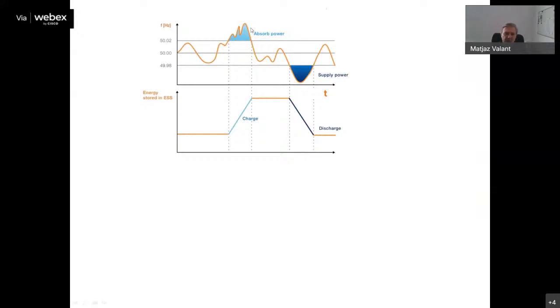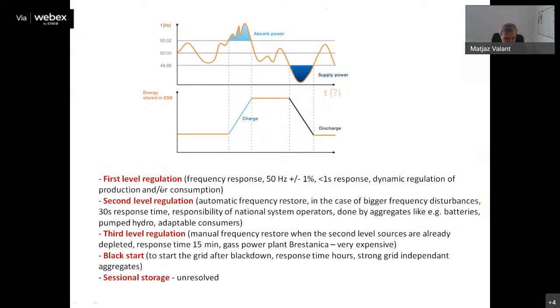There is always a period when we have overproduction or a period when we have underproduction. So we need to control our grid at every moment and on every time scale. Therefore we have several levels of regulation, so that we can compensate for this mismatch on a very fine level.